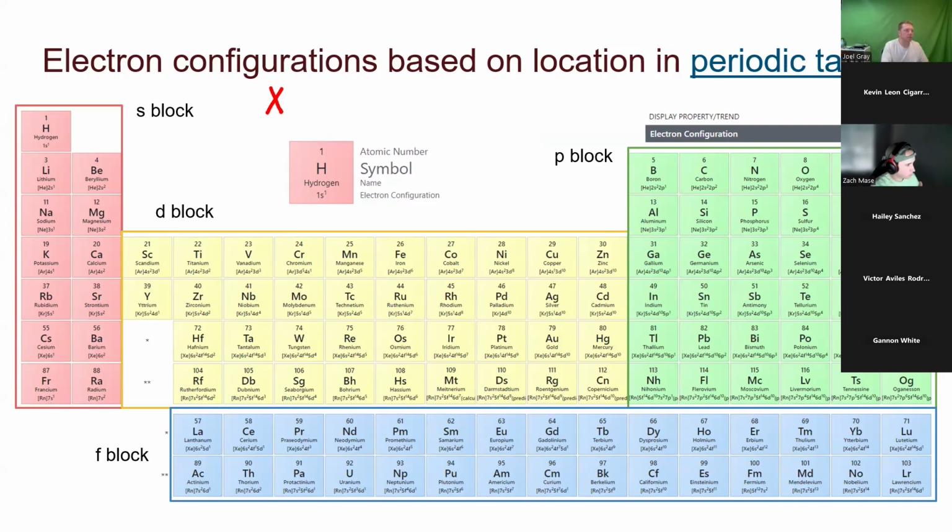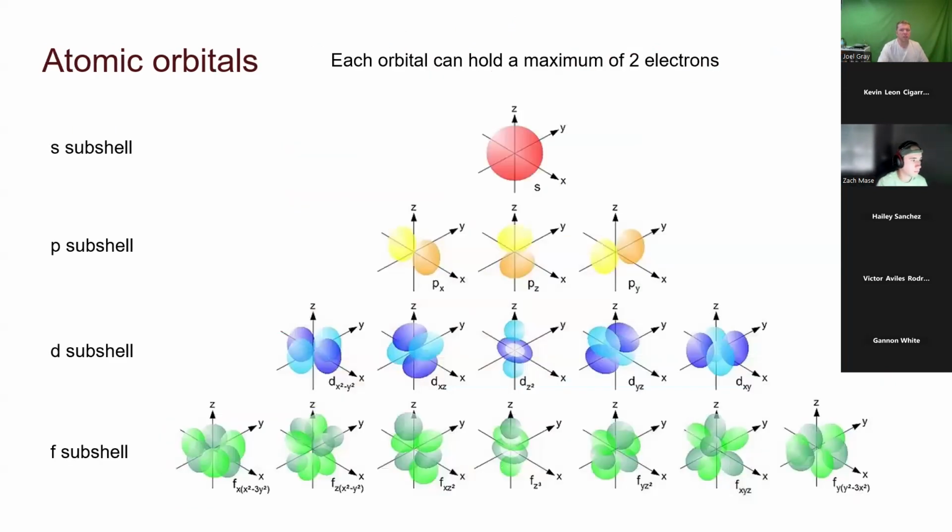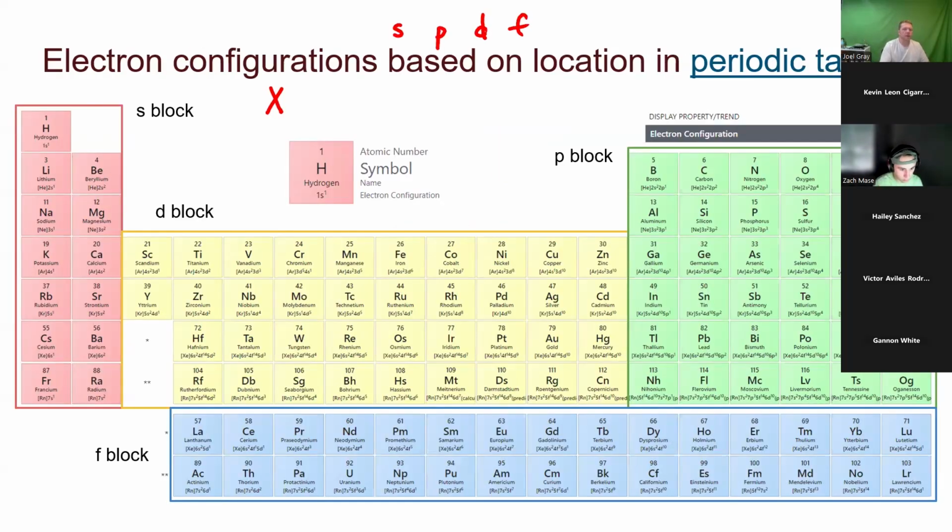That lowercase letter can be S, P, D, or F. Those letters correspond to these different shapes where electrons can possibly be. Then I'd write X, S, and then an exponent number. That exponent is going to tell you how many electrons are in that specific subshell.